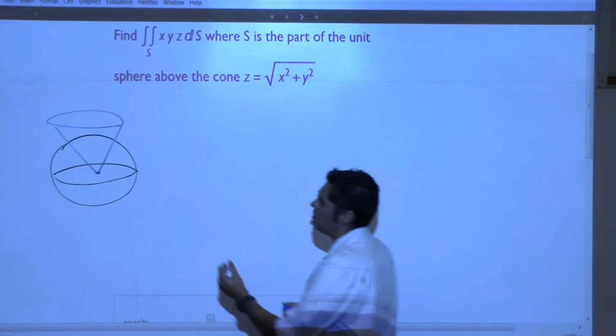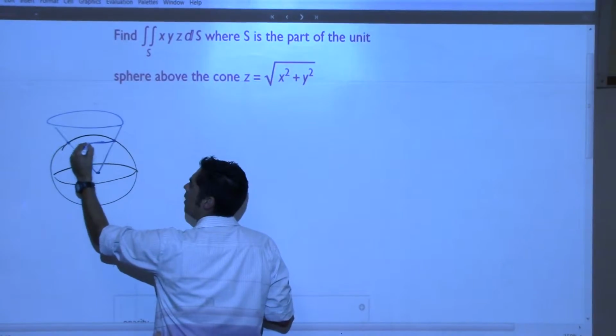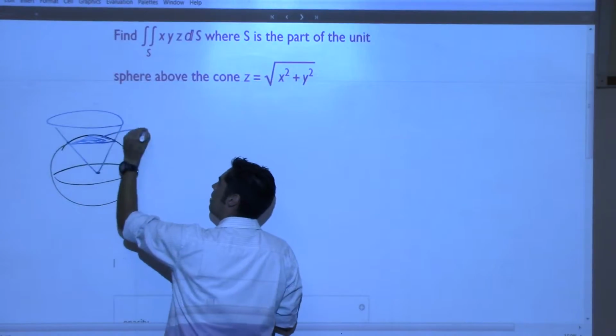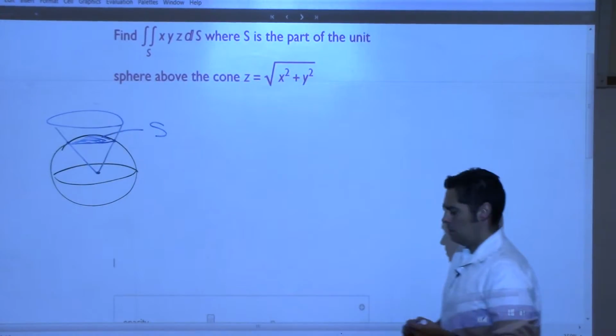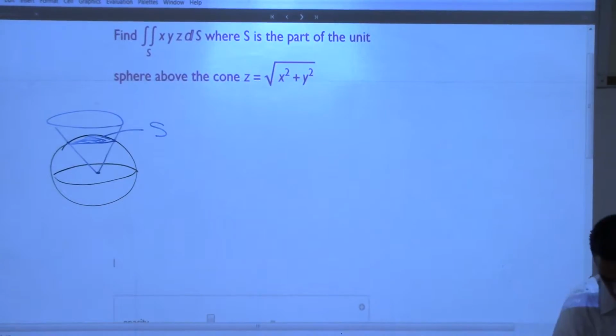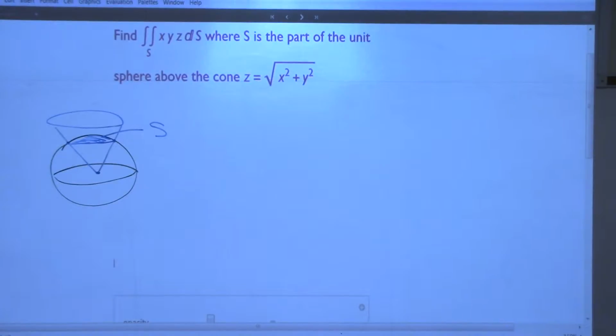So we're looking at where this cone punches out of the sphere. It should create this little cap up here, shouldn't it? And that right there is our S. Yeah? So what now?